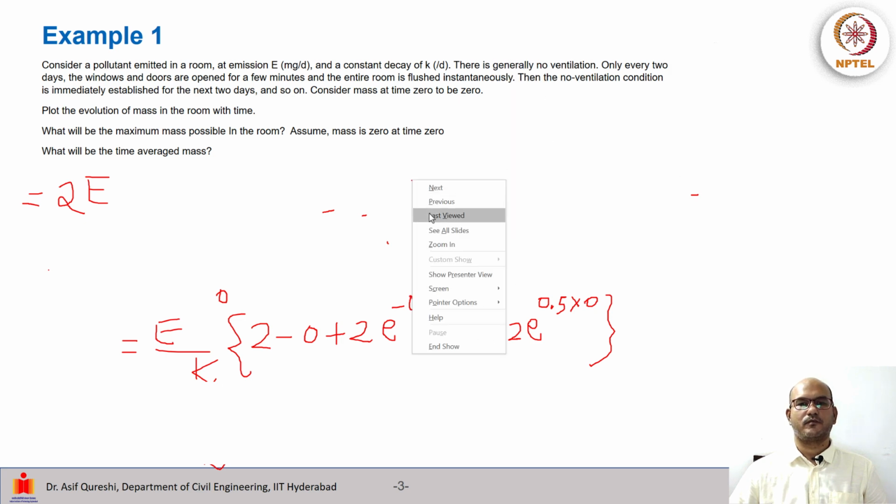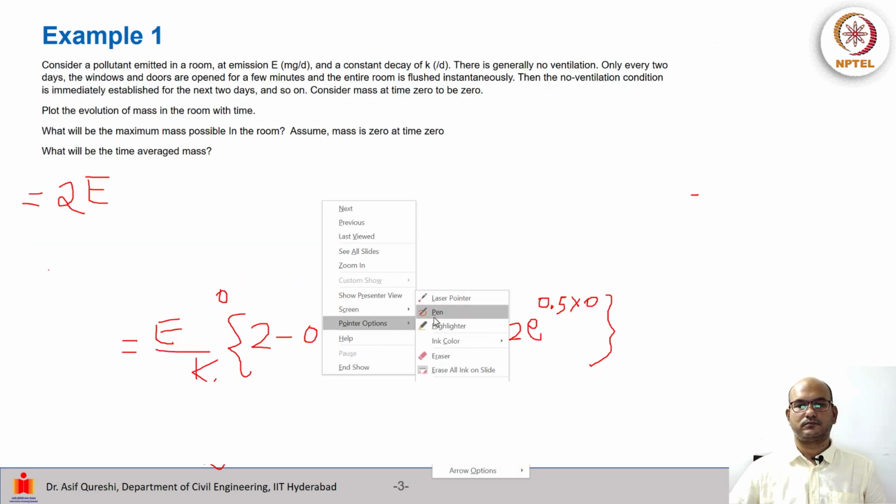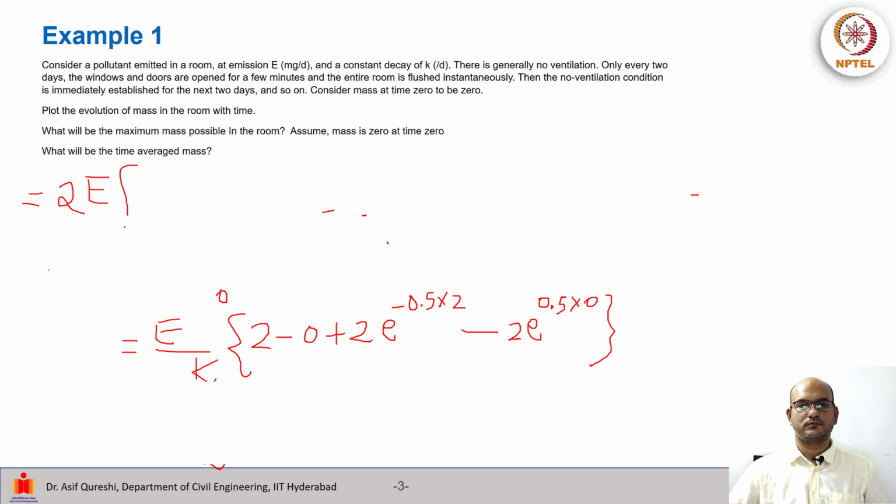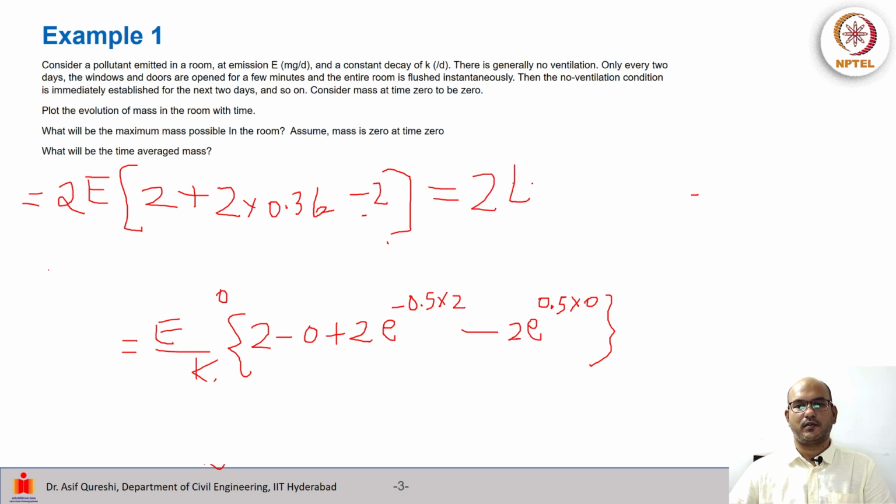Minus 2 by e plus 2 into 0.36 minus 2. So this is 2e multiplied by 0.72.